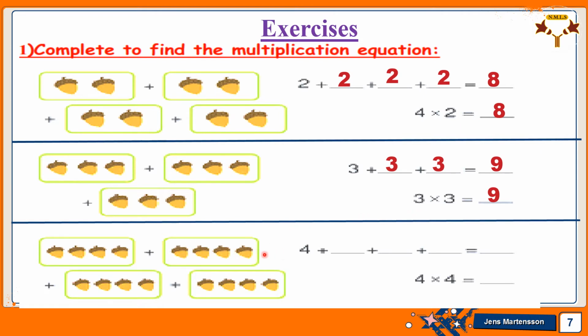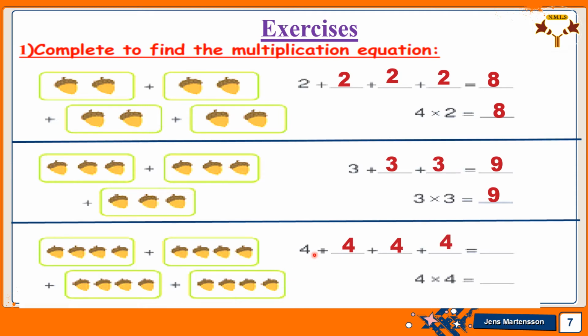The next one. Here we have 4 items in a group. So 4 plus what? Plus 4 plus 4, and here plus 4.